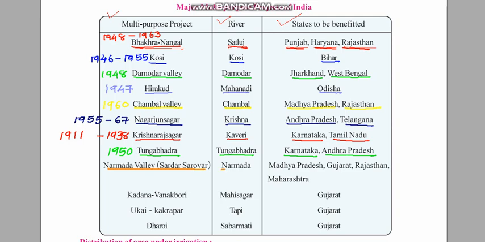Now comes our project of Narmada Valley or Sardar Sarovar project. It is built on the river Narmada and the beneficiary states are Madhya Pradesh, Gujarat, Rajasthan and Maharashtra. So there are 4 states which are benefiting out of Narmada Valley project. Now Narmada Valley project has a very long history.